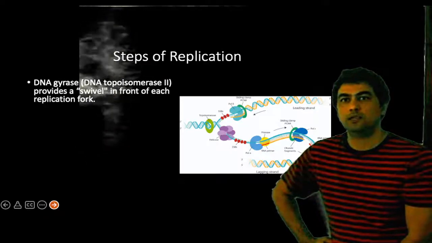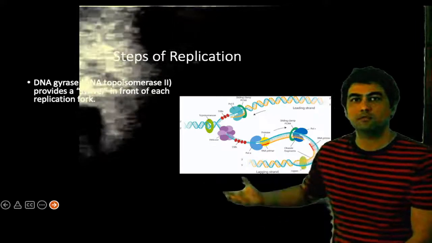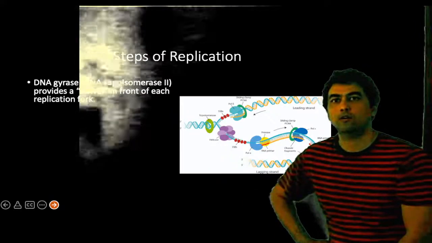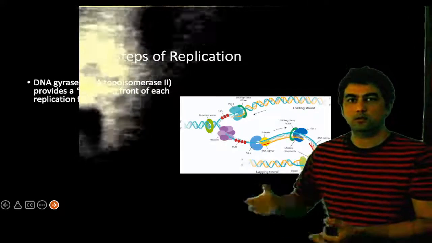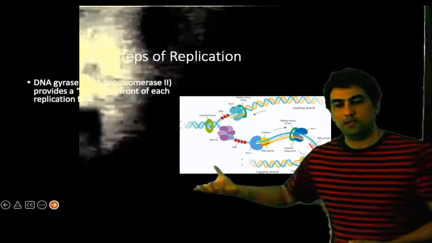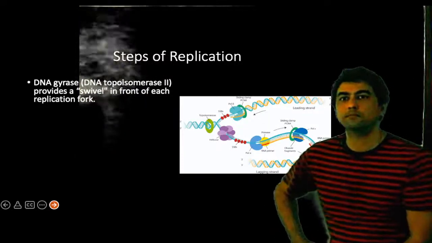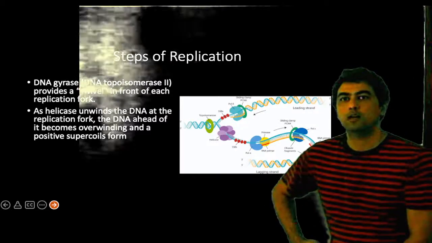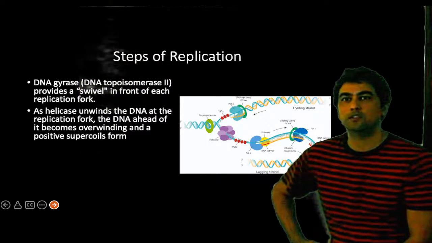DNA gyrase or DNA topoisomerase provides a swivel in front of each replication fork. So, with the swivel, the helicase can unwind. Helicase unwinds the DNA at the replication fork.